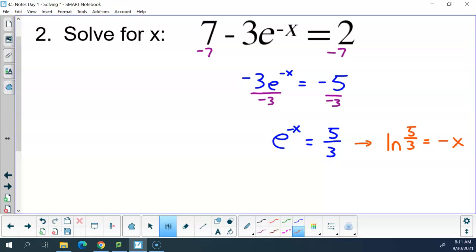Natural log of 5 divided by 3. So this would be negative natural log of 5/3 equals x. So I get negative 0.51082564. It said round to 3 again, so I would say negative 0.511.